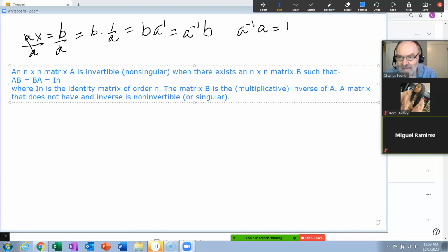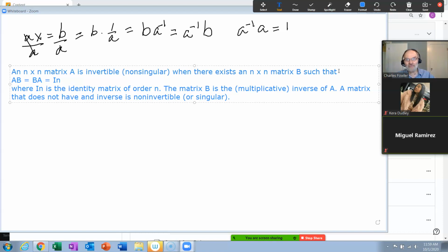An n by n matrix A is invertible or non-singular when there does exist another n by n matrix, same size matrix, have to be square, both of them, B, such that AB is equal to BA, and not only are they equal, but they're equal to the identity matrix of that same size, I sub n. Where I sub n is the identity matrix of order n, meaning n by n, because it always is square.